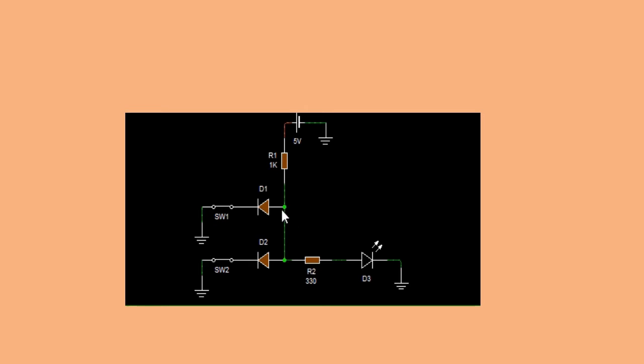The P sides of the diodes are connected by a wire. The N sides of the two diodes D1 and D2 are connected through two switches, that means switch 1 and switch 2. One resistor of 1 kilo ohm is connected between the junction point where the P sides of the diodes are connected by a wire and the positive side of the 5-volt power supply.